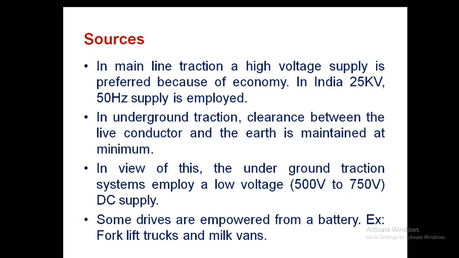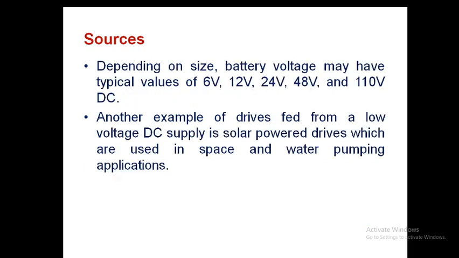Some drives are powered from a battery, because there are battery driven electric drives also. For example, forklift trucks and milk vans, and even at railway stations, to clean the platforms, you can find electric drive cleaners. There we require a battery driven electric drive.